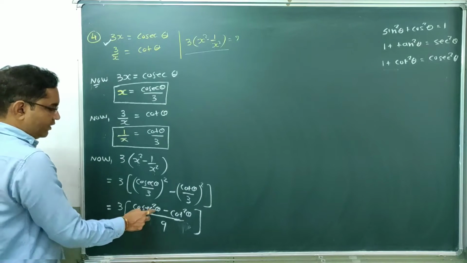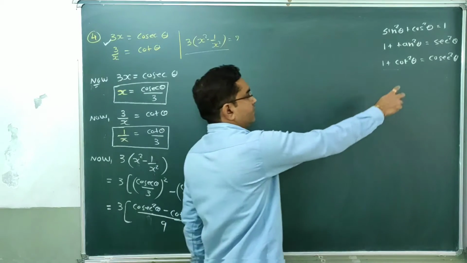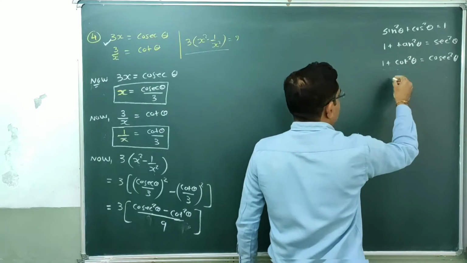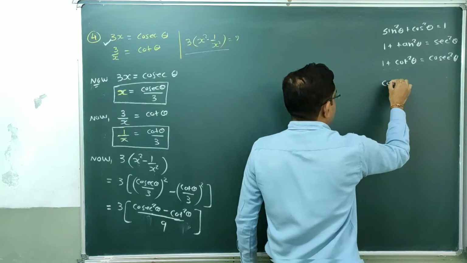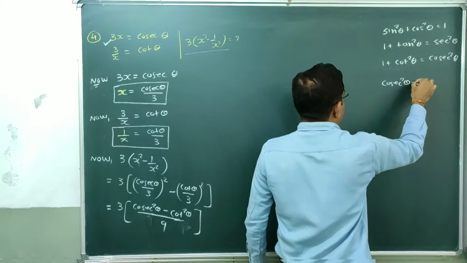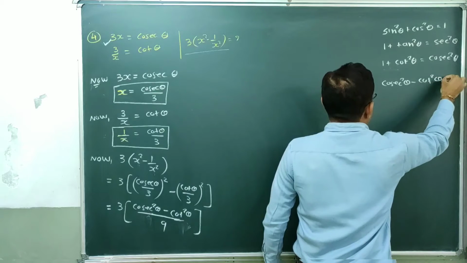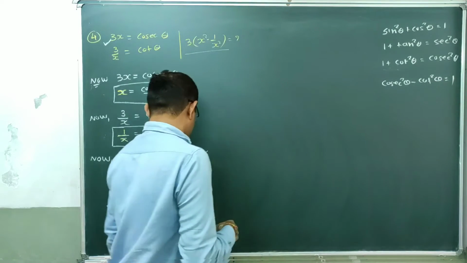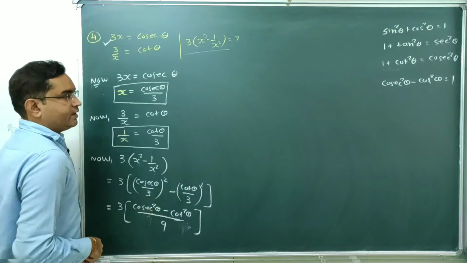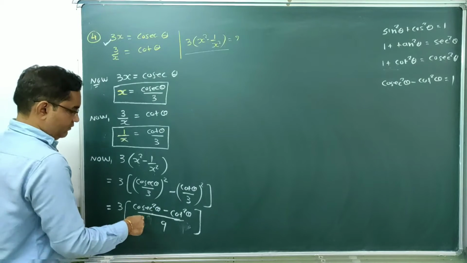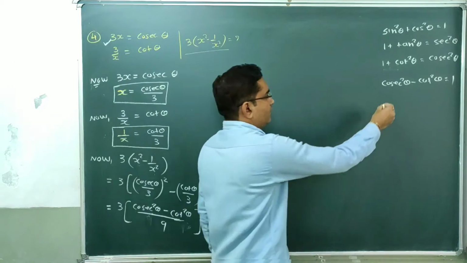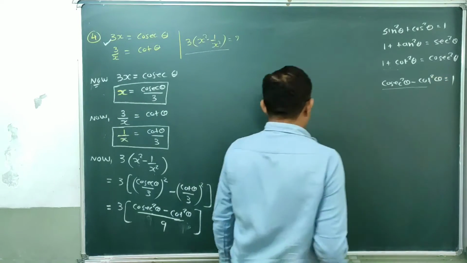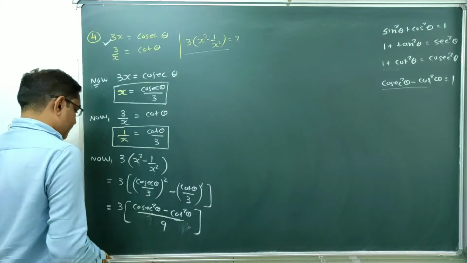And what is cosec square theta minus cot square theta? From the expression 1 plus cot square theta equal to cosec square theta, we can write cosec square theta minus cot square theta equal to 1. Put this value of 1 over here.